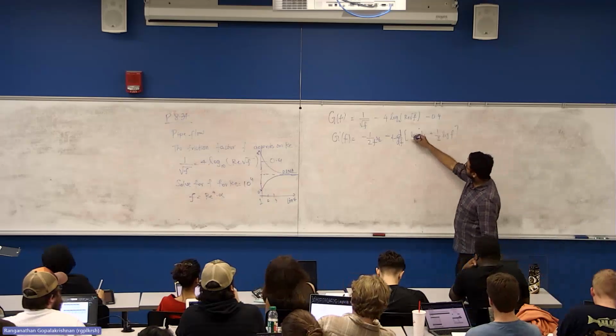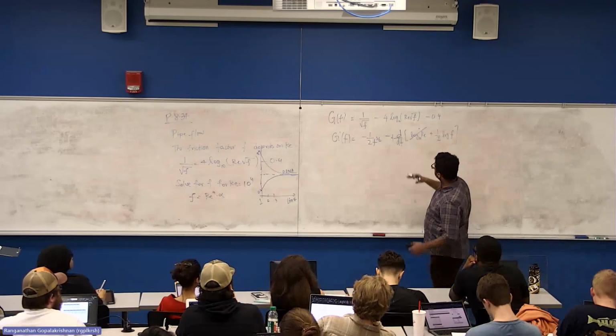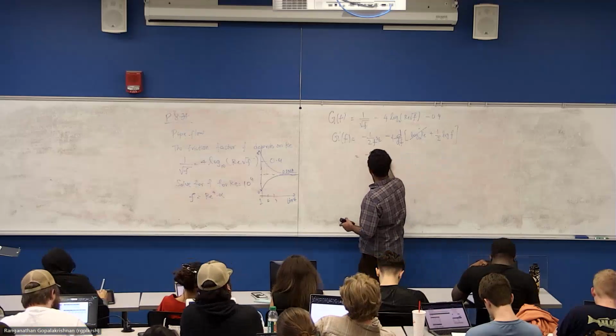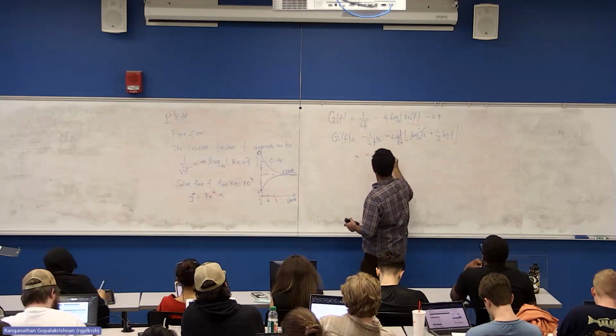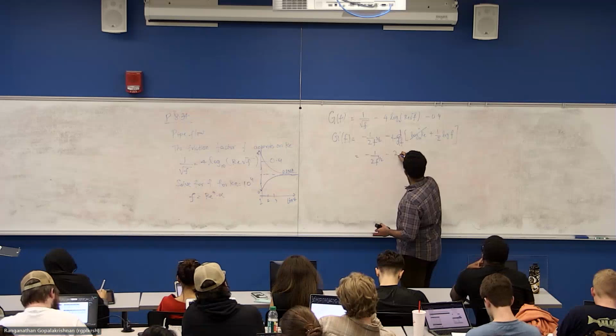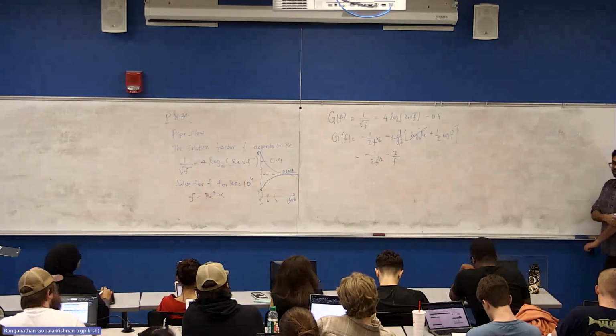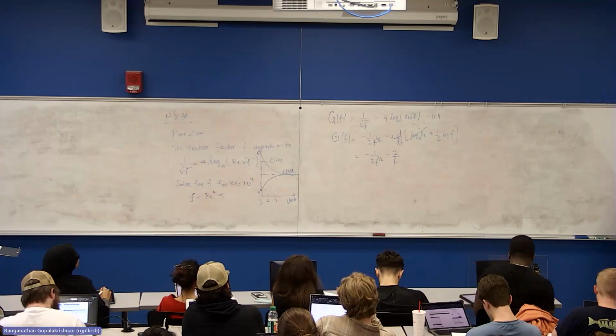This is a constant. So I would have minus 1 over 2f to the 3 halves minus 2 over f. Okay.